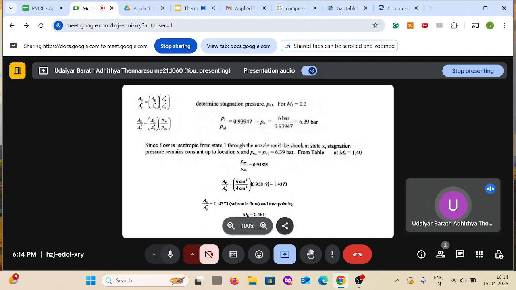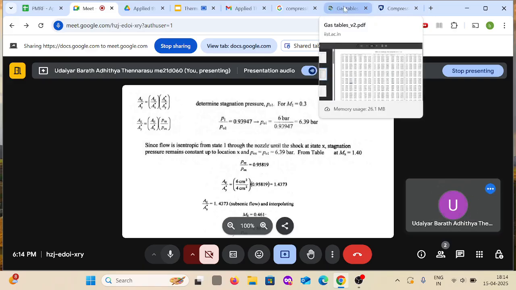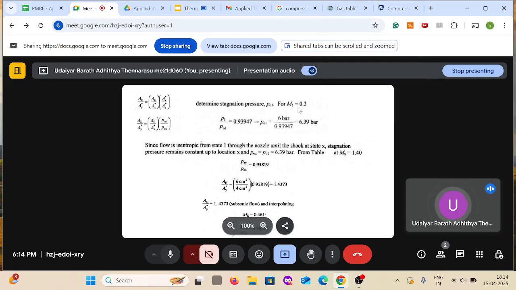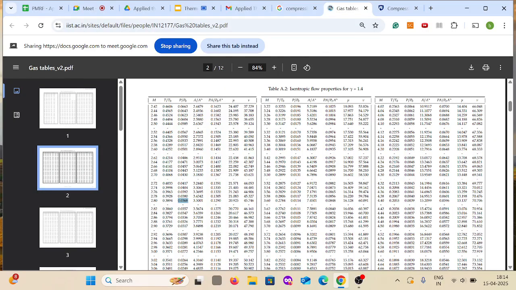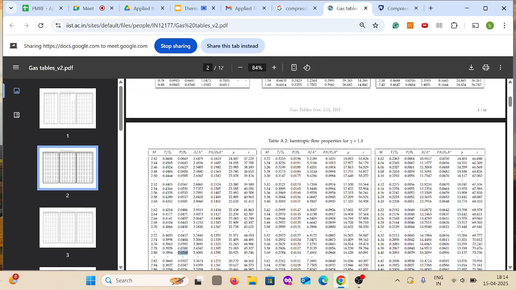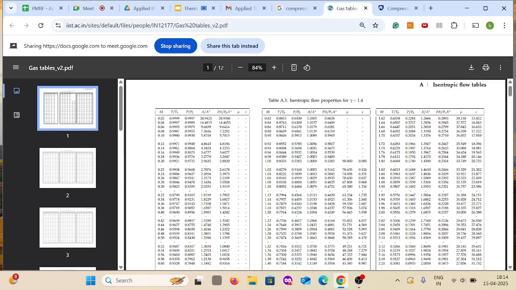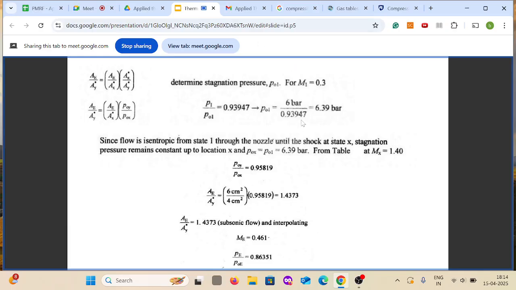So from the isentropic chart we can find out the ratio corresponding to Mach number of 0.3, and since we know the inlet pressure, you can directly find out the stagnation property. So for Mach number of 0.3, the ratio is 0.9395. So P naught at the state 1 is 6 by 0.93947, which gives you 6.39 bar.